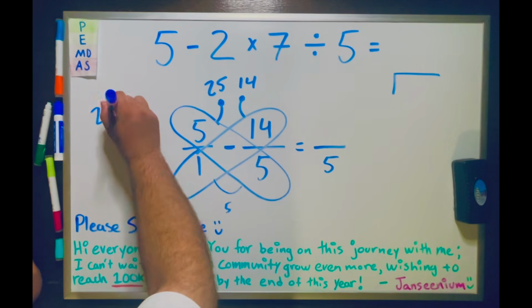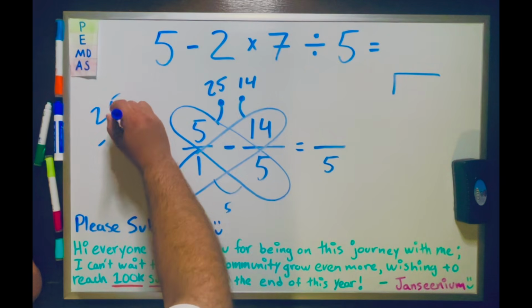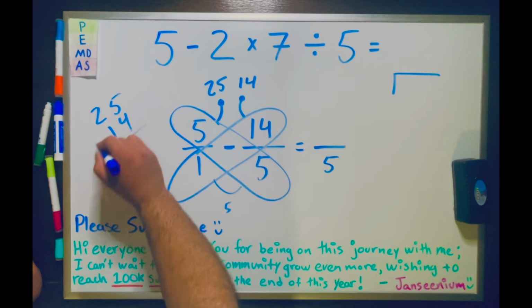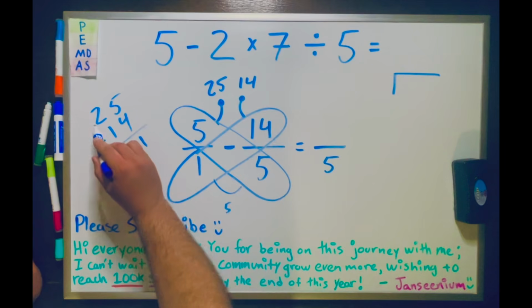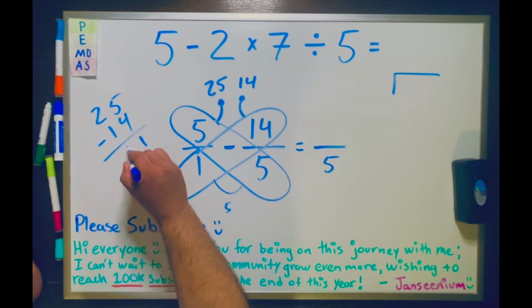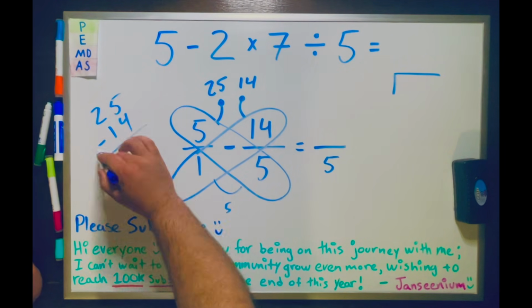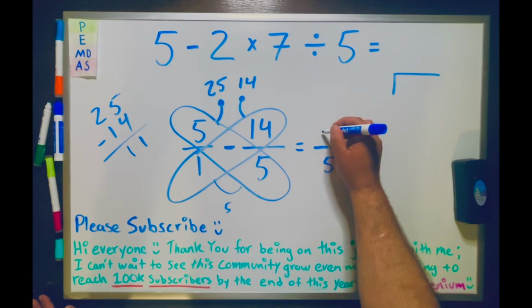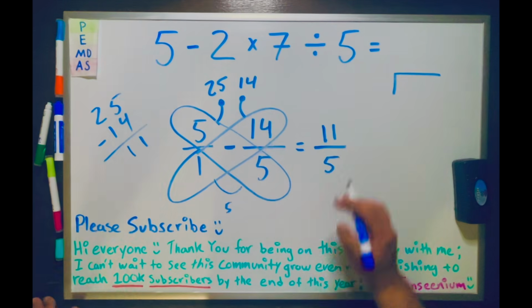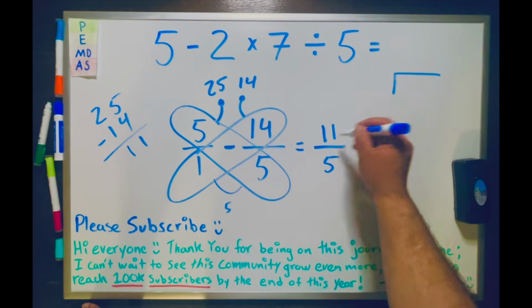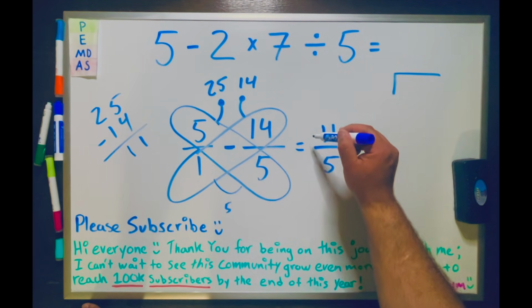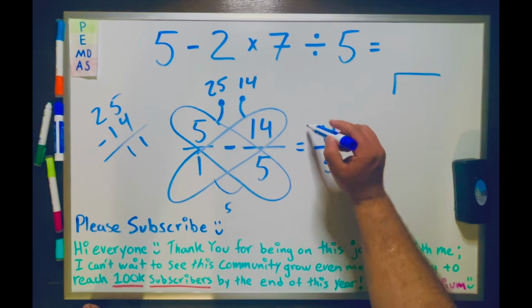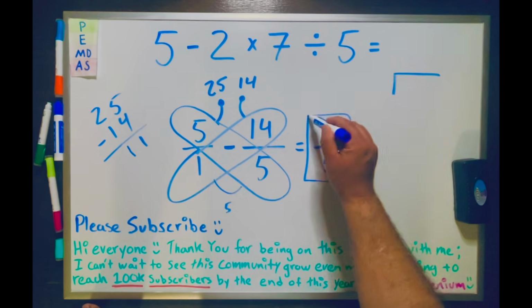So 25 minus 14. And 5 minus 4 is 1. 2 minus 1 is 1. And I write that here. So this is your new numerator. And it's positive. And this is your improper fraction answer.